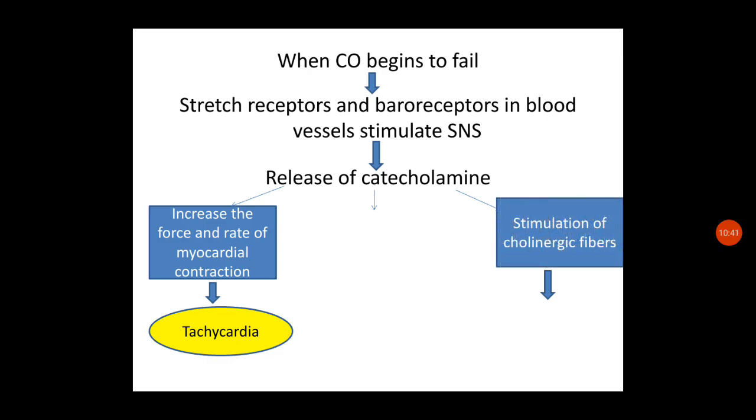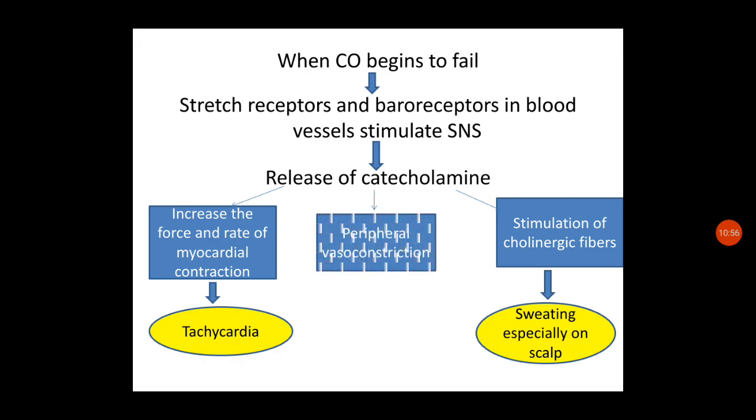Another change is stimulation of cholinergic fibers, which results in sweating, especially in the scalp and different body parts. That is also due to the release of catecholamine. Another change as a result of catecholamine release is peripheral vasoconstriction.